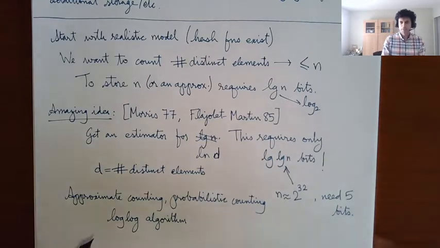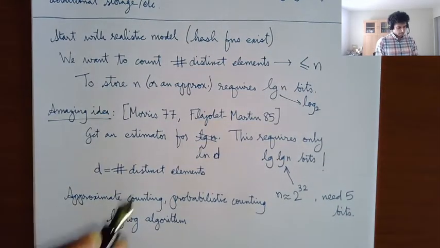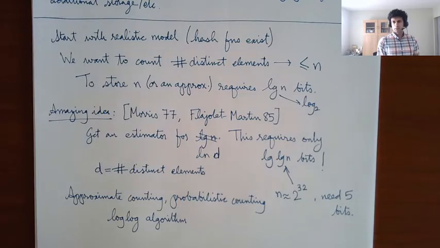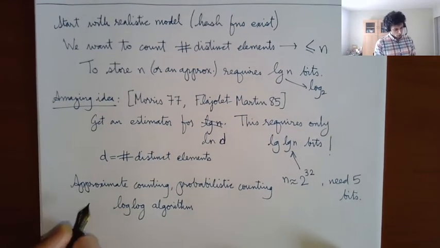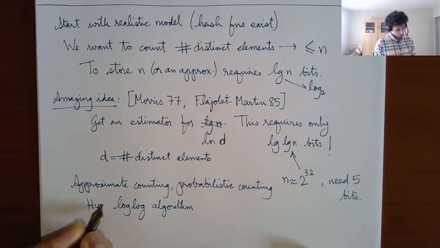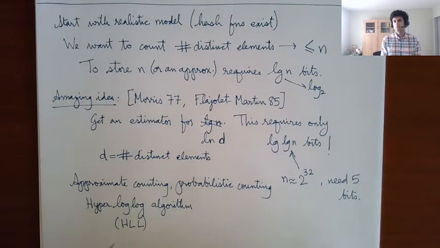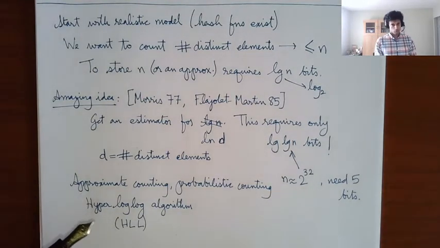And since then, Flajolet and many of his collaborators have come up with algorithms with LogLog. They've come up with something called SuperLogLog, and then the most recent, which was called HyperLogLog. And HyperLogLog has had an immense impact in the practice of many of these techniques, so much so that most companies implement their own HyperLogLog algorithm.